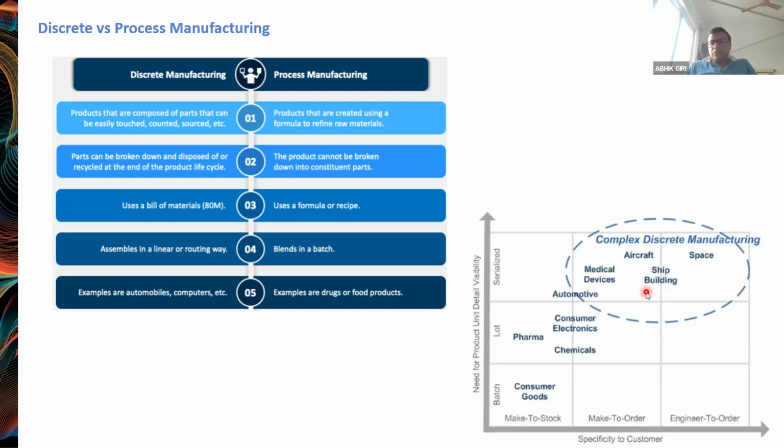These are produced in much smaller quantity, or let's say a spaceship. The end users are also very few in number, and they would require only a few units of these products every year. So they would specify how many units of the product are required and what exact customization they're looking for, and accordingly, the manufacturer would go ahead and manufacture these products.